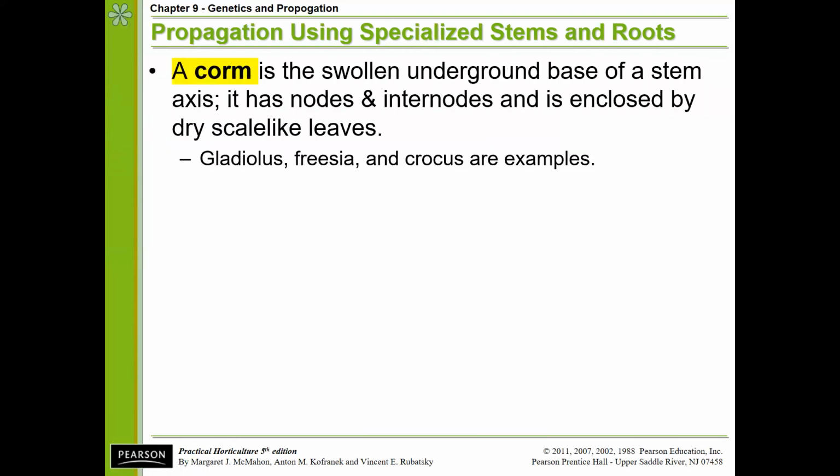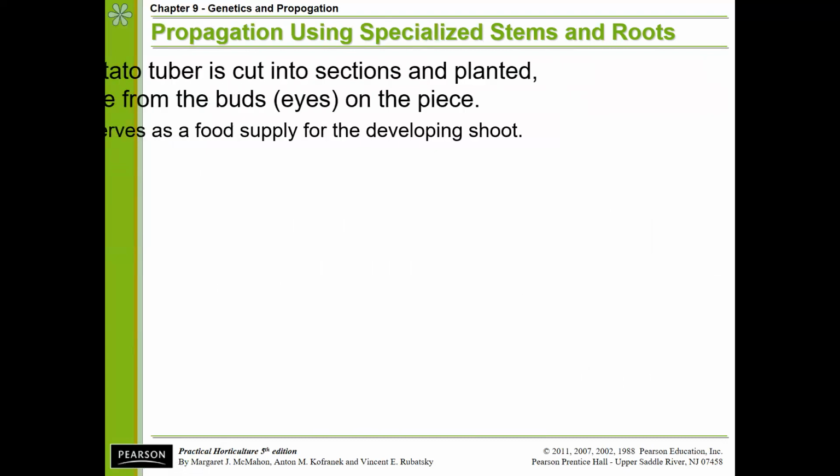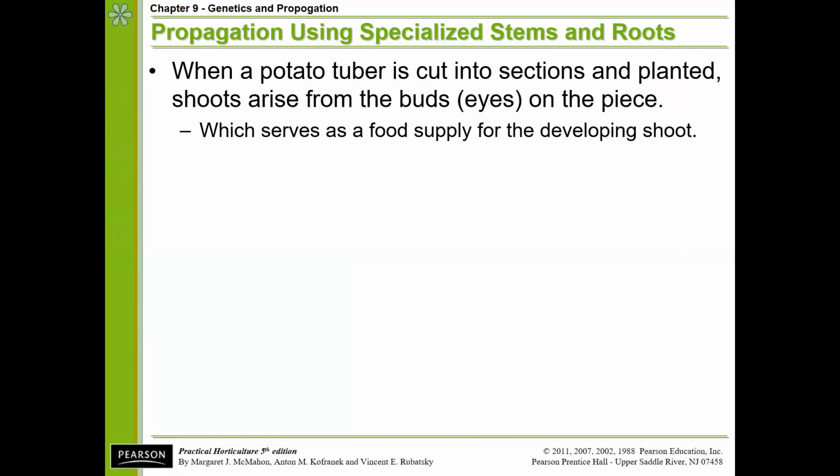We have corms. That's basically the underground base of the stem that is swollen, and it has nodes and internodes. These are mostly flowering plants, herbaceous ornamentals, that form corms. If you grow potatoes, you're doing some type of division.